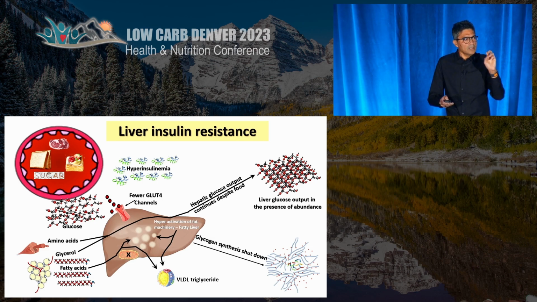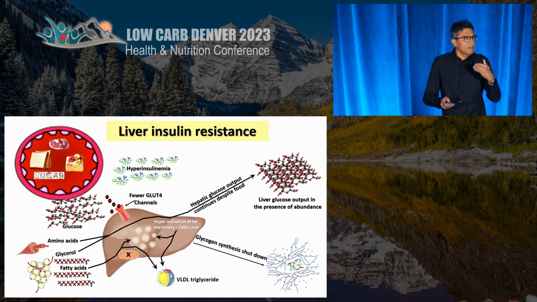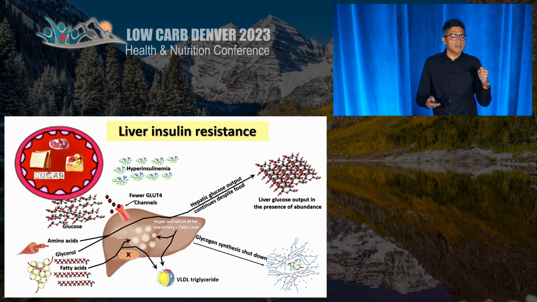It also jacks up the fat manufacturing machinery to become fatty. The fatty acids that are picked up by the liver cannot get converted to ketones because of high insulin levels, and the liver spews out these triglyceride-rich lipoproteins.